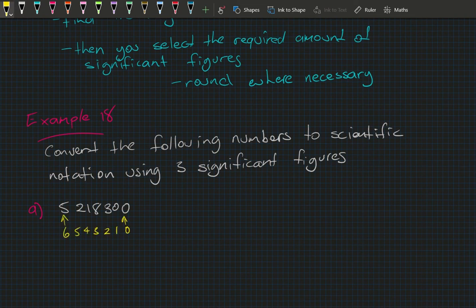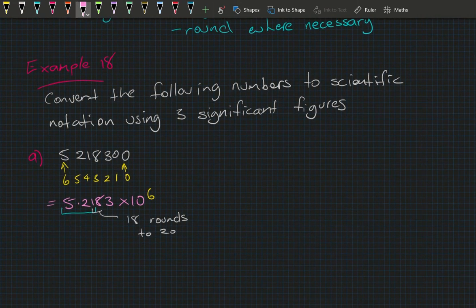So because this 5 is equivalent to 10 to the 6, then I can rewrite this whole number as 5.2183 times 10 to the 6. But the question asks us just to get 3 significant figures. We need to check the last one and then the digit after that to see if we need to round. And 18 rounds to 20. So I can now rewrite that as 5.22, because I'm rounding up the 1, times 10 to the 6.